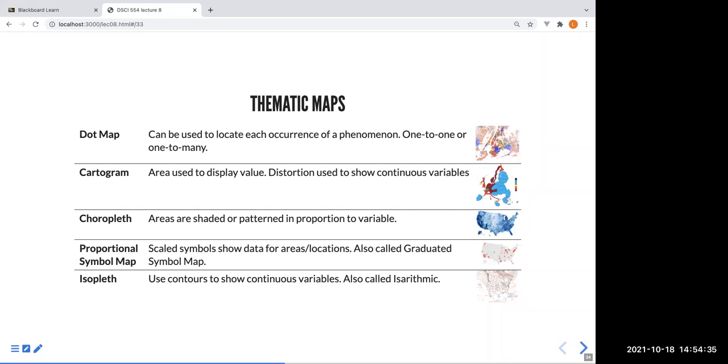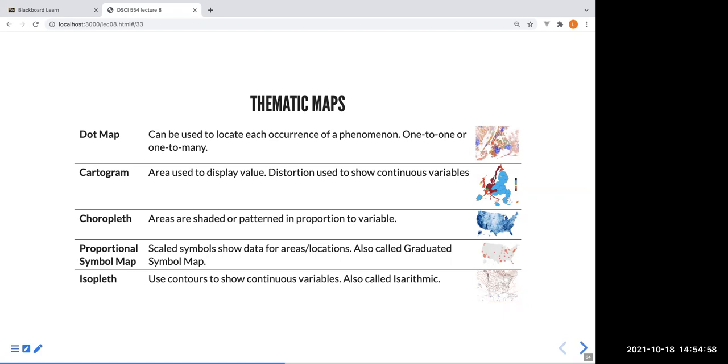You can do the same thing with symbols, and usually you put the symbol in the center of the area where it should be located, say for a state, or at the location where the data is originating.